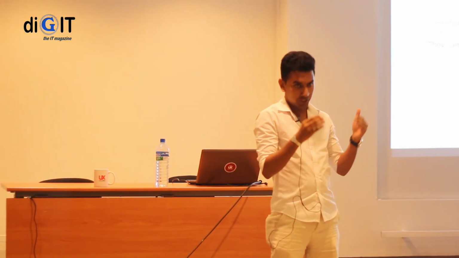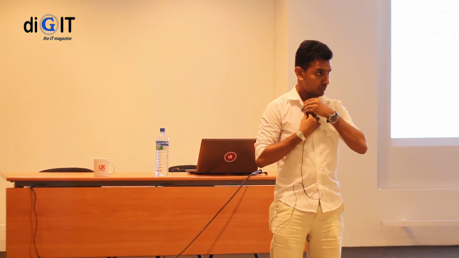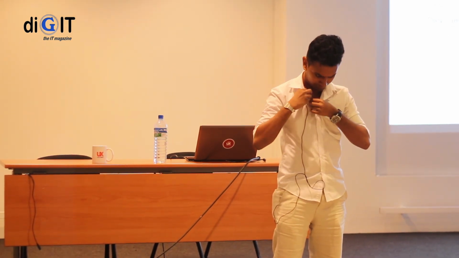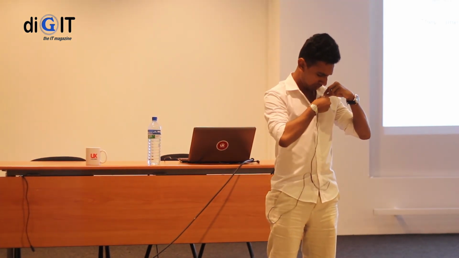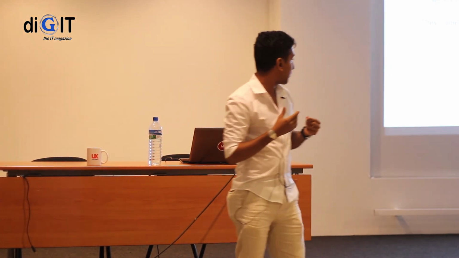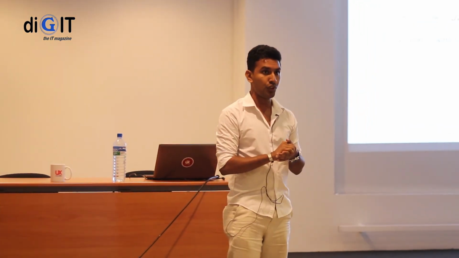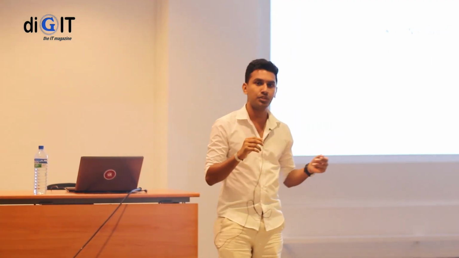How we are going to measure the level of usability of your applications is by using heuristics. For those who do not know, heuristics are guidelines or usability rules of thumb.